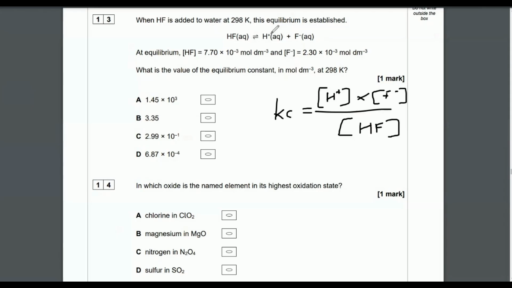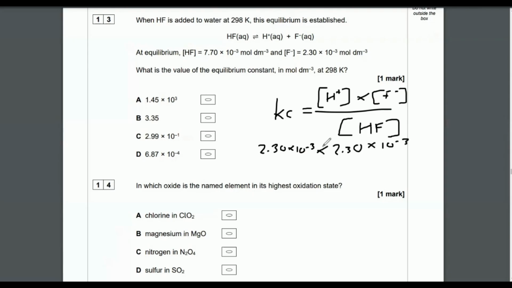If 1 mole of HF breaks down to form F minus, H plus is going to be equal to F minus. It's going to dissociate in equal proportions. So really, we've got 2.30 times 10 to the minus 3, times, I could just square that, right? Times 10 to the minus 3.